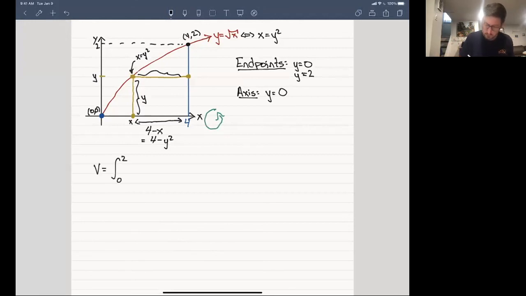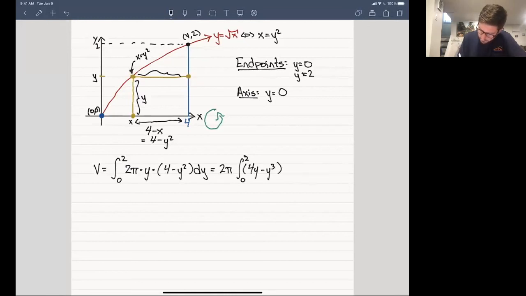We can see that the volume of this thing is given by a definite integral: 2 pi times the shell radius, which we said is y, times the shell height, which we said is 4 minus y squared. And then the delta x term converges to the infinitesimal dy, the change in y. So if I pull the 2 pi out front, I integrate from 0 to 2 of 4y minus y cubed.